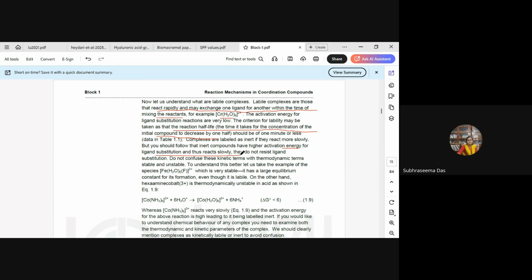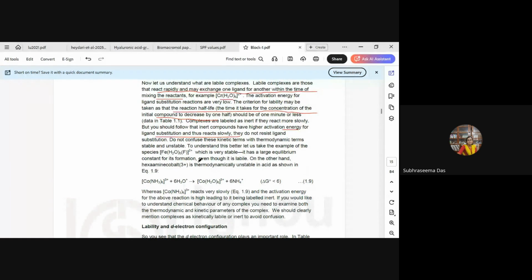To understand this, let us take the example of a very common species, [Fe(H2O)5F]2+. This is a very stable ion. It has a large equilibrium constant of formation, that is, the Kf is very high, even though it is labile. On the other hand, hexaamminecobalt(III), [Co(NH3)6]3+, is thermodynamically unstable.